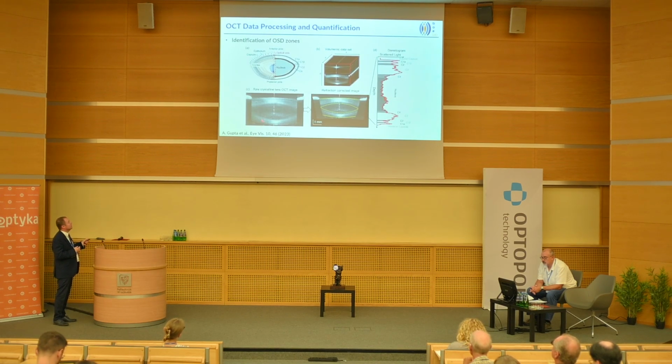So from the 3D data, we actually get the central depth profile, and we were able to distinguish different layers. We also checked the curvature of the crystalline lens, the curvature of the anterior, posterior, and also the nucleus.